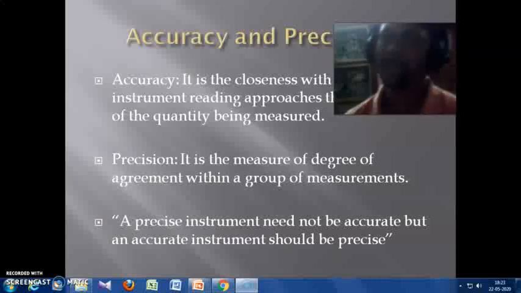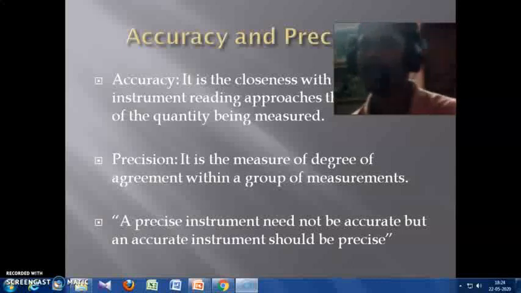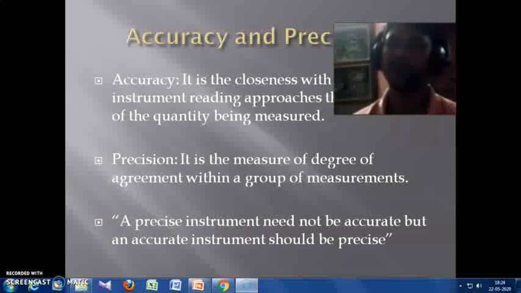At the same time, if we connect a series resistance with a voltmeter, its calibration changes, and we will not get the accurate value. But if you measure the instrument's value several times, the readings will agree within a range, a group of measurements. So a highly precise instrument need not be accurate.